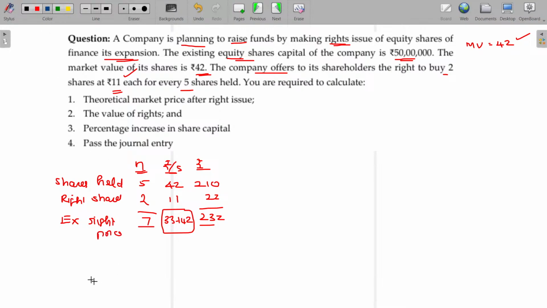Now how can you find out the value of the right? Right value is equal to cum-right price minus ex-right price, divided by the number of rights shares.